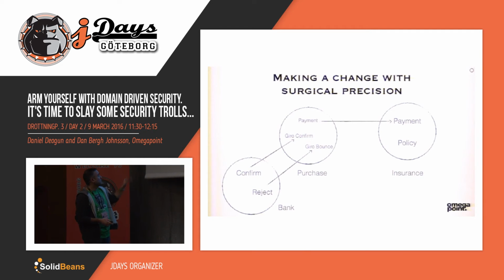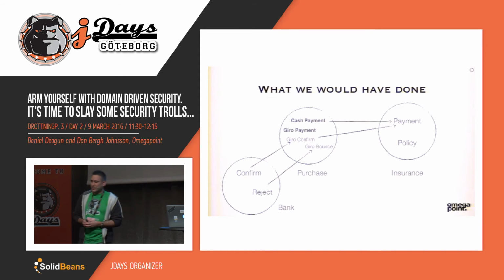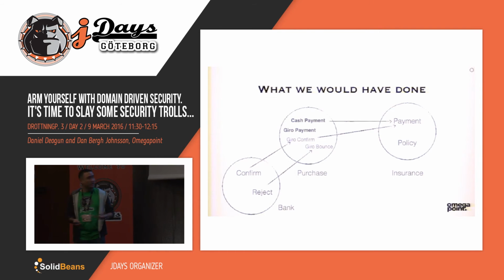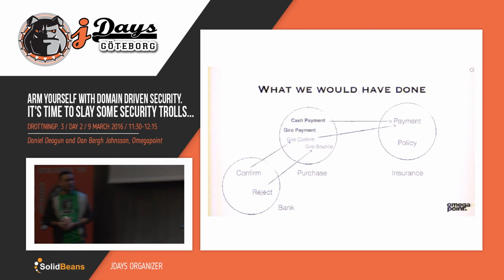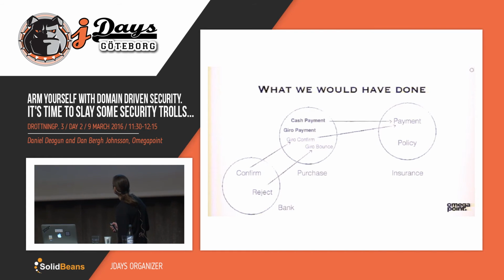So the problem here is that a payment is no longer just a payment. Whenever you get your confirm or reject from the bank, that's when you need to issue a gyro payment. And now is the time when you should actually send this to insurance and say, it's been paid. Okay, so let me go back to the last slide and see if I can reiterate that.